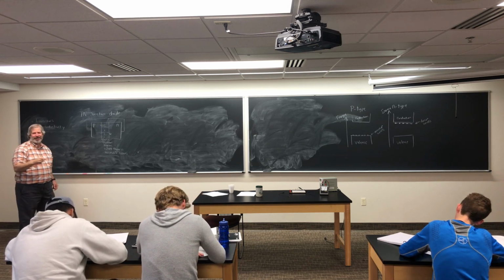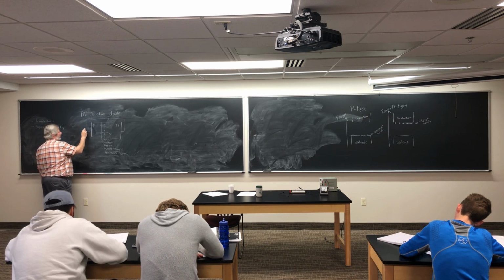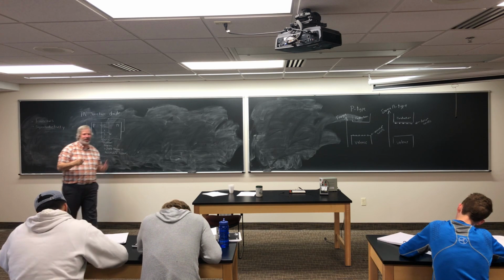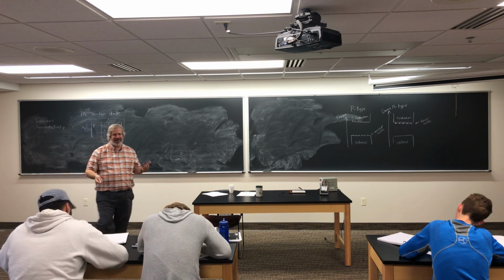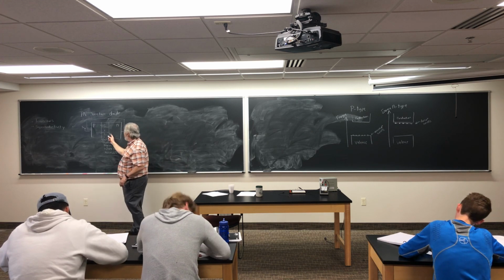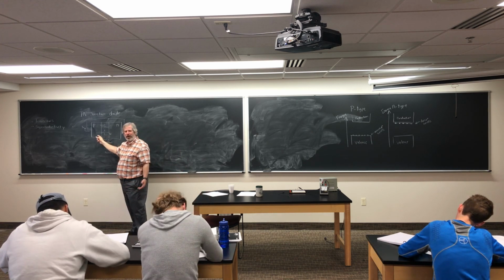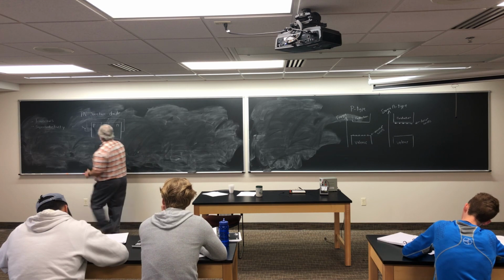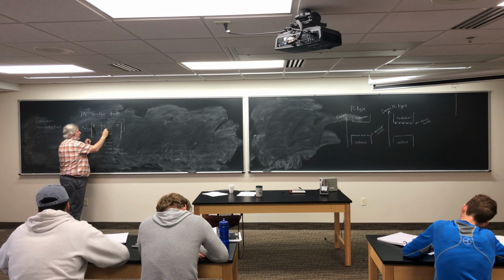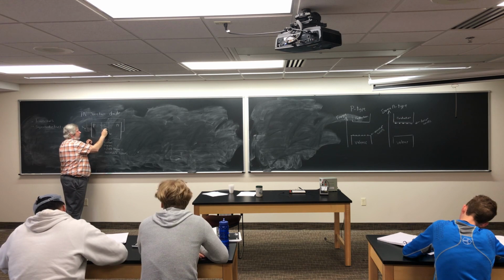Okay, let's call it I naught, some little bit. How much current, how many electrons do you think would jump over there? Well, there's an electric field that's created here, right?